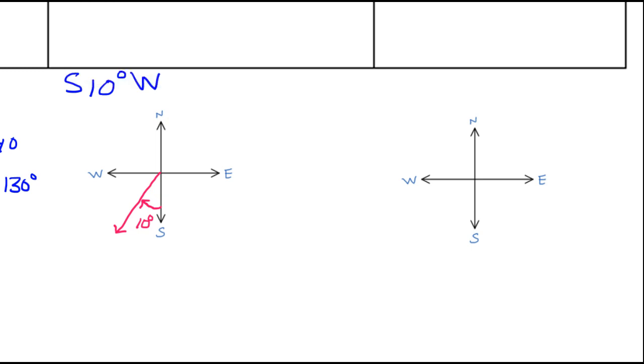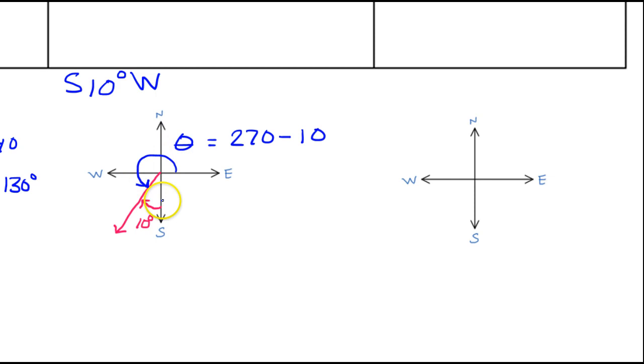Now we need to find this angle theta measured from the positive x-axis. So this angle should be 270 minus 10. Alright, look at it closely. This angle was on its way to being 270 degrees.